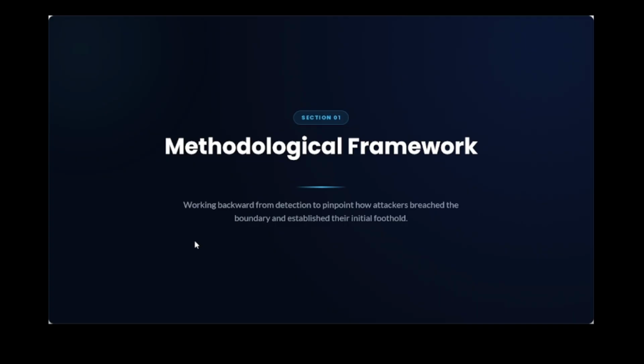There is a methodology to this, and it's basically working backwards from the point of detection and then working sort of in a time reverse loop to figure out what actually happened.